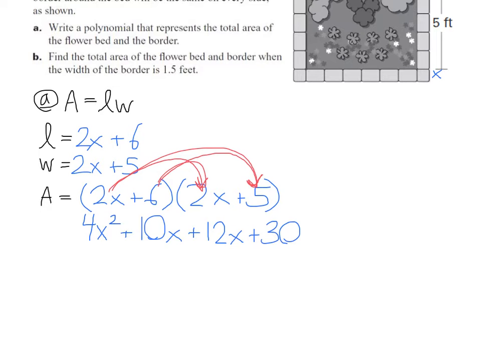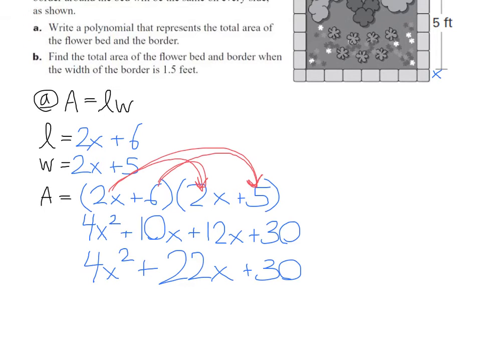Those can simplify together. 10 plus 12 is 22x. We don't have any other like term with the 4x squared or the positive 30, so simply bring them down. Because the 22x is positive, a plus sign goes in front, and the 30 goes behind it. Now as we see here, 4x squared plus 22x plus 30, perfect. Now it's in descending order, also known as standard form, and it's been simplified to its maximum.